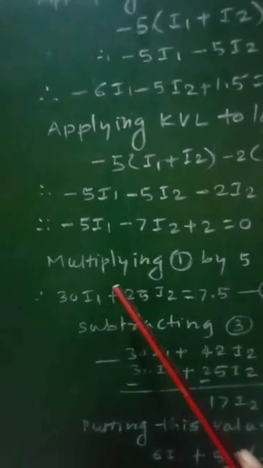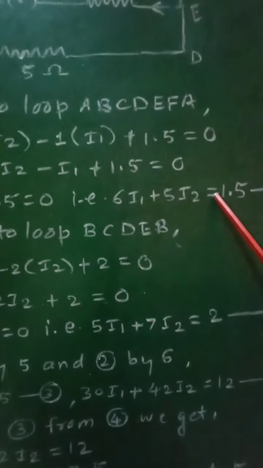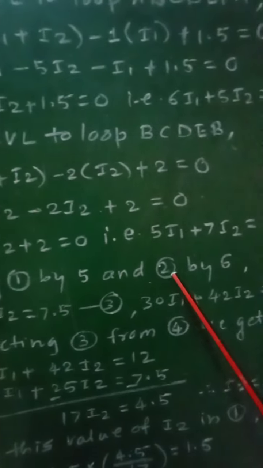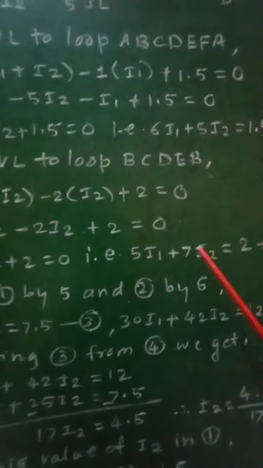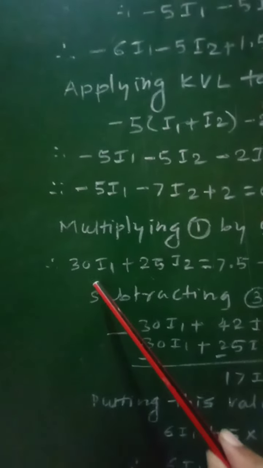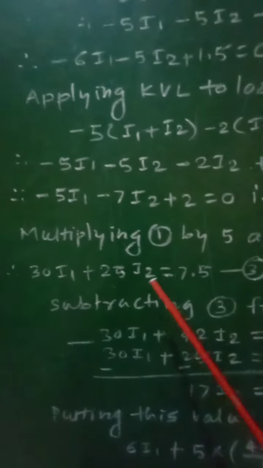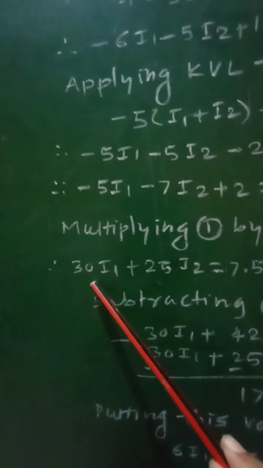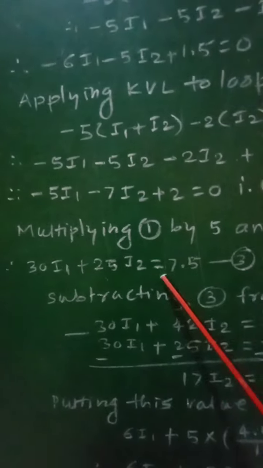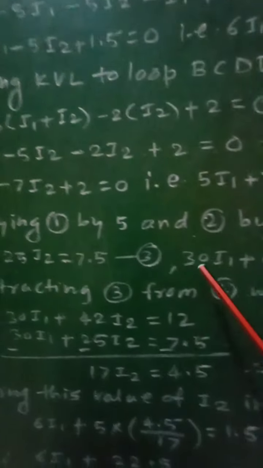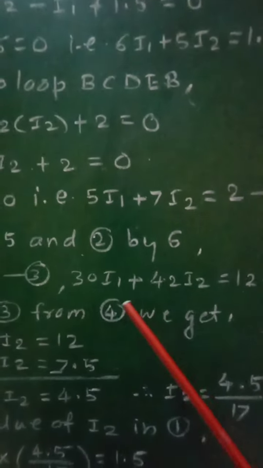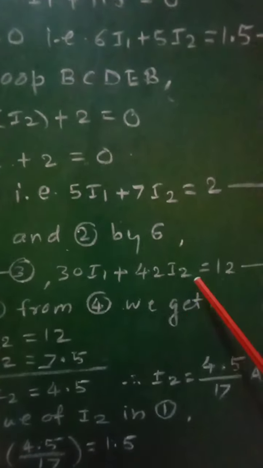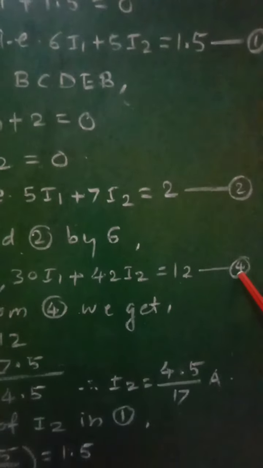Now multiplying equation 1 by 5, this equation is throughout multiplied by 5, and equation number 2 will be multiplied by 6, that is this equation throughout will be multiplied by 6, therefore we will get 30 I1 plus 25 I2 equal to 7.5 as equation 3, and 30 I1 plus 42 I2 equal to 12 as equation number 4.